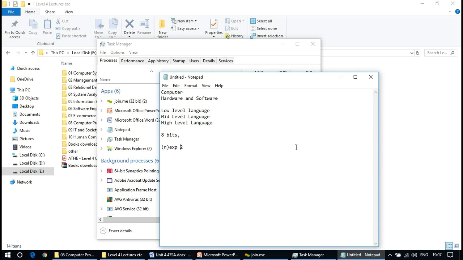So that would make 8 combinations if it is 3 bits. And if it is 4 bits, then it can let 16 values be stored.